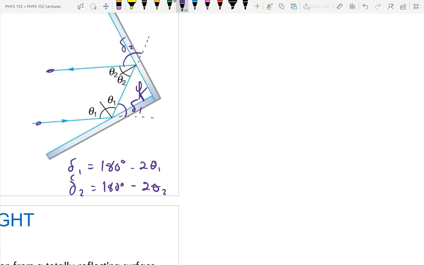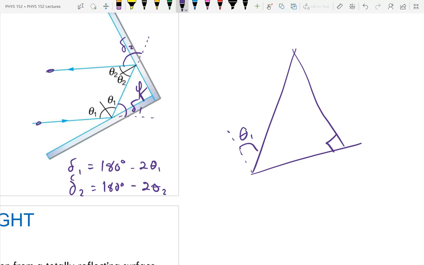I'm going to redraw this big triangle here. Start with something simple.